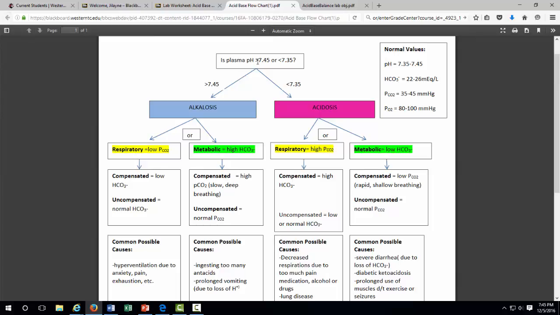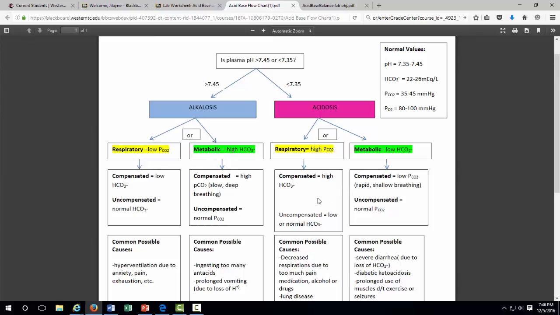So if this is whatever this is, let's go on the right side. Let's say it's low. Okay, let's say it's an acidosis. Then we look at the PCO2. Does the PCO2 value make sense for the acidosis situation? If it's a high PCO2, does that cause acidosis? Yes.